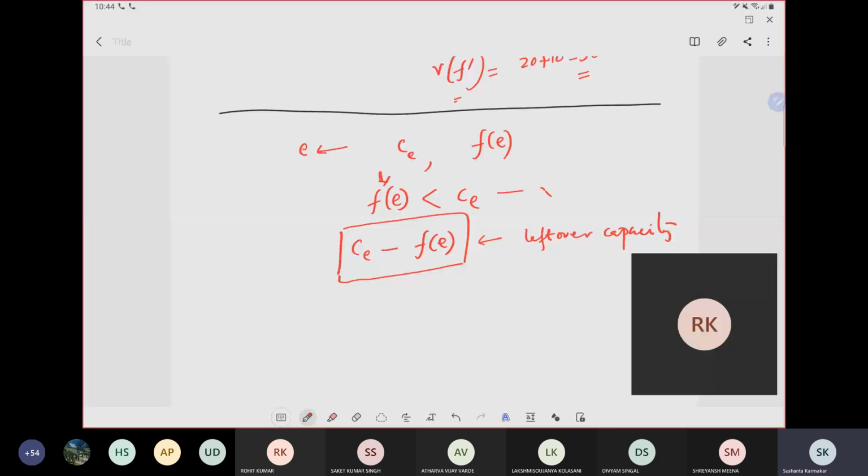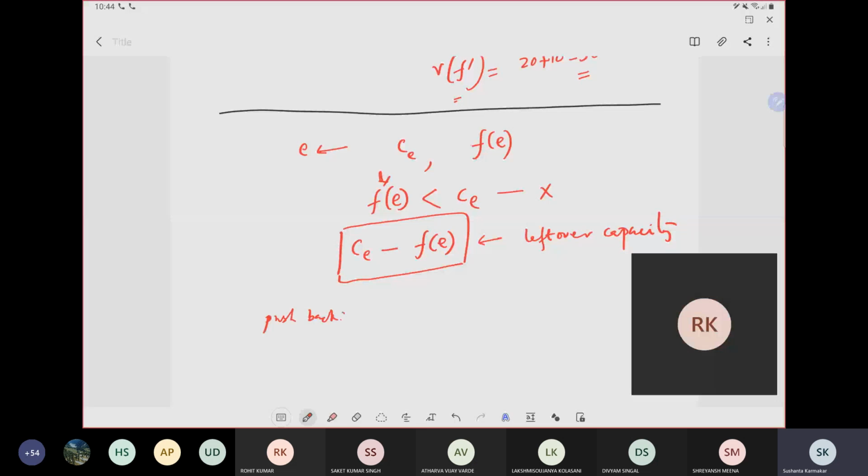Whereas there is another concept which is known as pushing backward. What does this mean? The concept is push back.